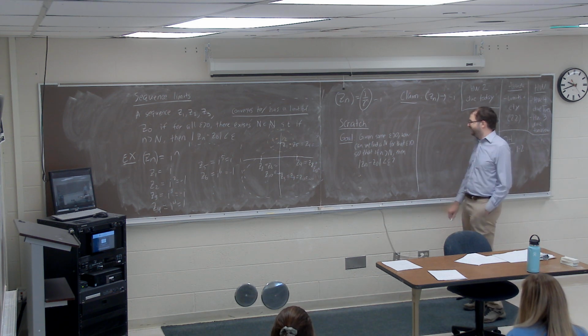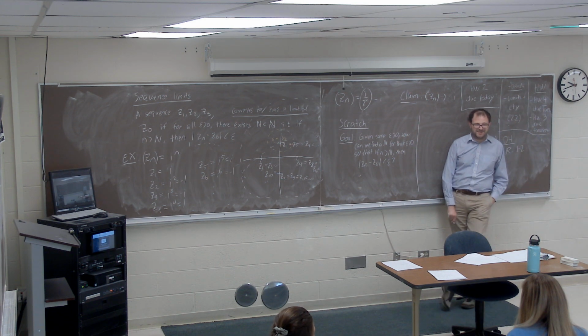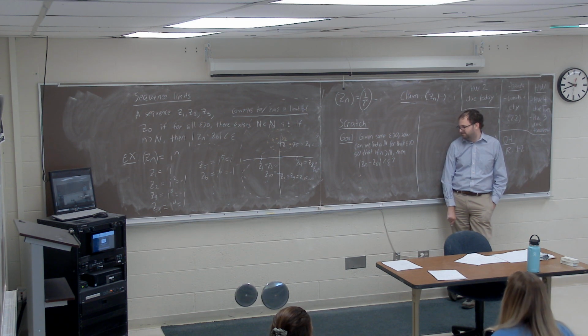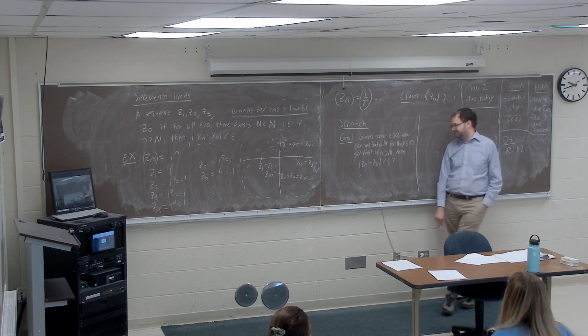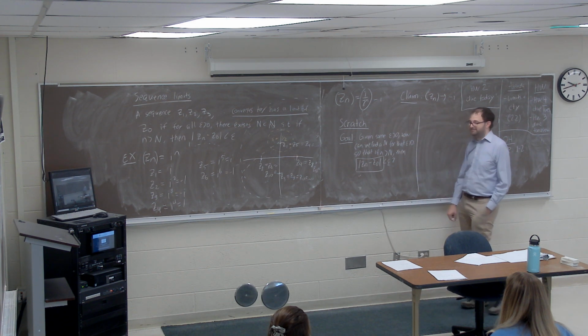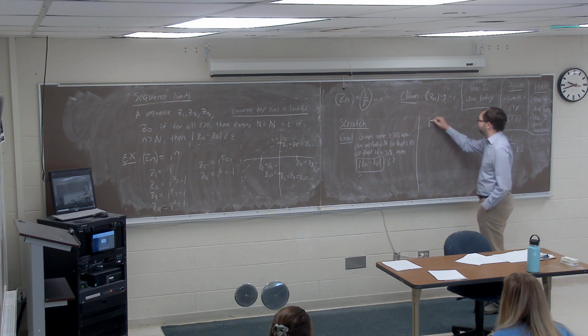Okay, sounds good. So in general, Katrine, how would you start off the scratch work? I would take z sub n minus z sub naught, and I would plug in what we have. So we would get 1 over 2 to the n minus i minus negative i is less than epsilon.